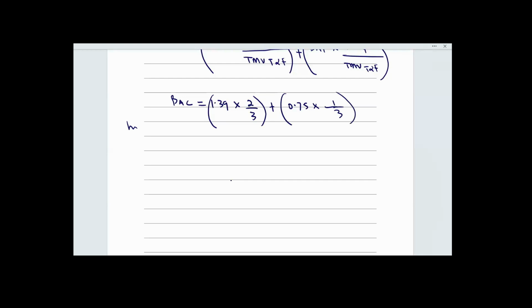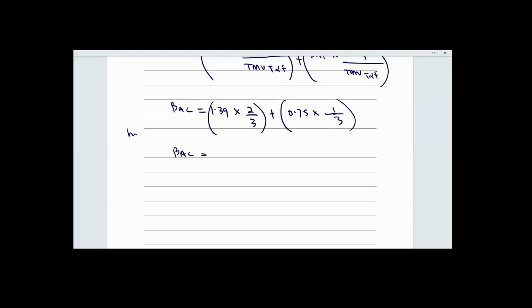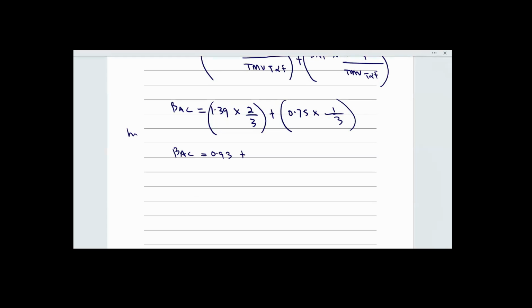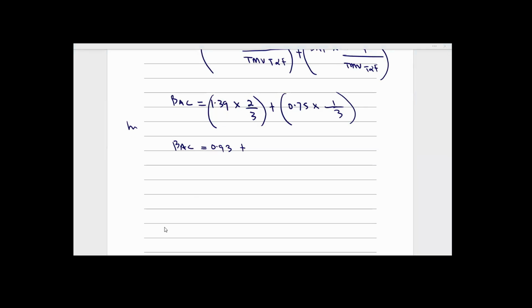Then the beta asset of the combined is equal to 2 divided by 3 equal, multiply by 1.39 equal, that's 0.93, plus 0.75 divided by 3, that's 0.25.